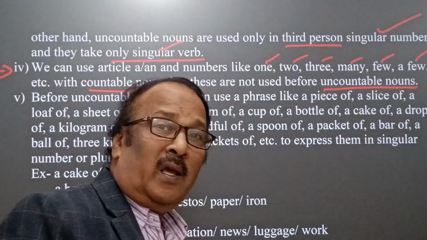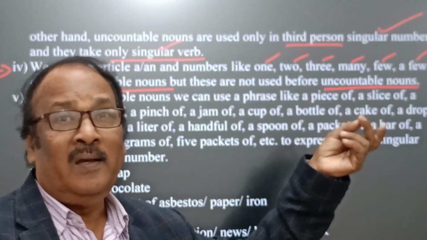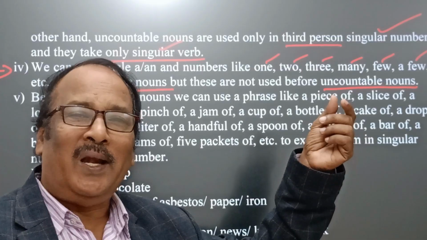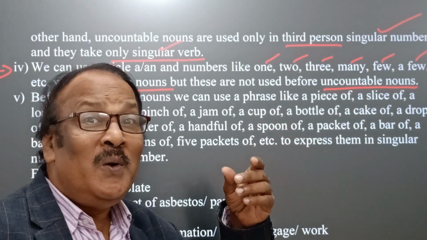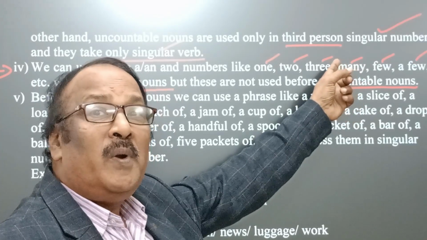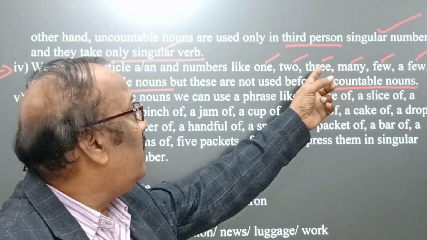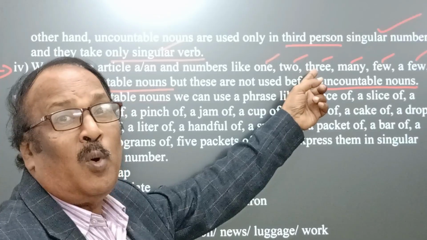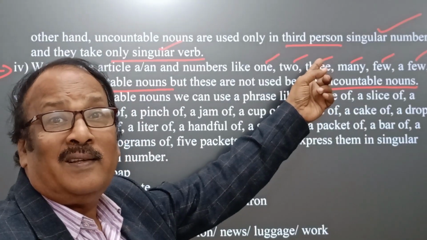For example, we can say a few students, but we cannot say a few water; many flowers, but we cannot say many wealth; three boys, but we cannot say three rices.